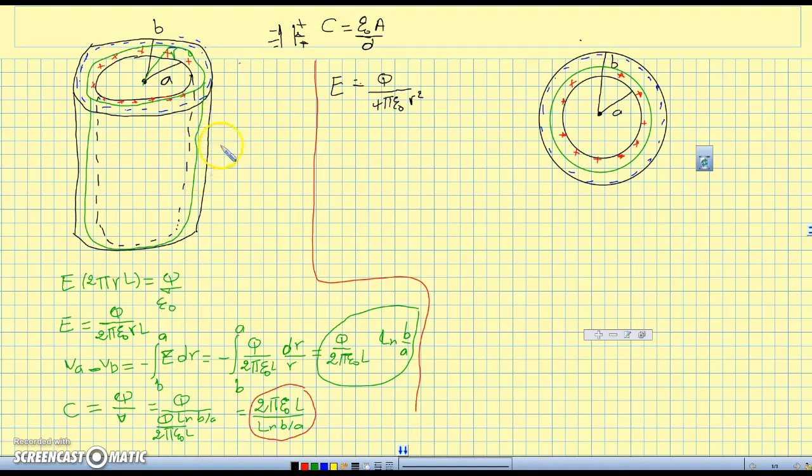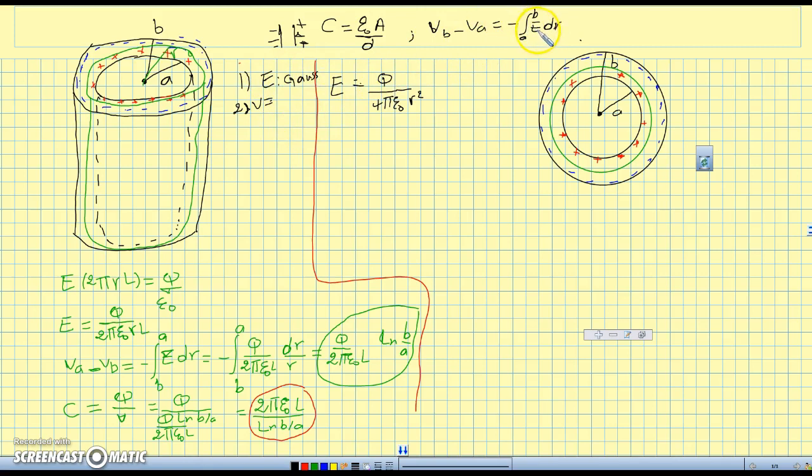So the steps are these: one, find E using Gauss, much easier. Two, find the voltage through the equation. I'm going to write here the voltage V between A and B. So VB minus VA is minus the integral from A to B E dr. So first step, find E using Gauss.